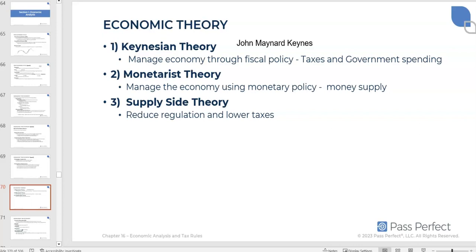So basically, Keynesian theory says that the main driver of the economy is government action, and it's the government's responsibility to manage the economy appropriately.